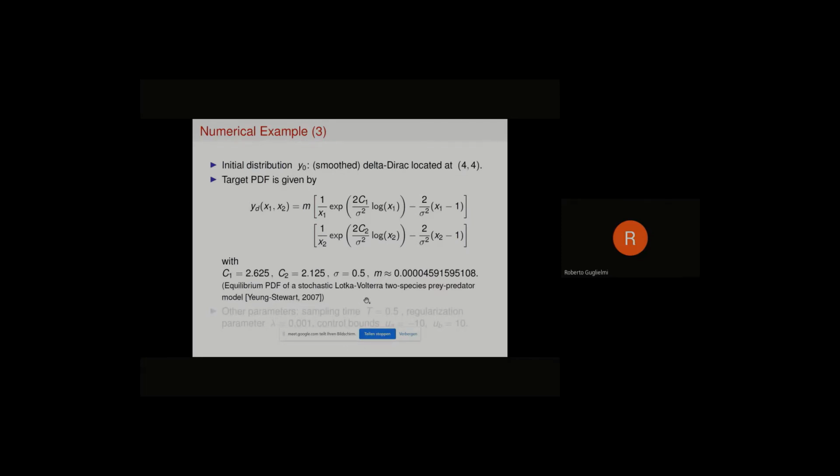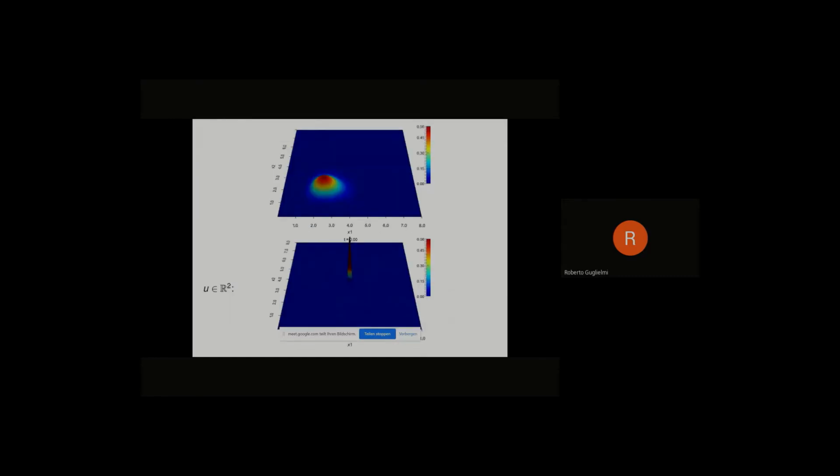But this is not very important. All these properties have some physical meaning. And of course, also before I did not mention, but we also have control bounds as well. And also here I compare, so this is the initial condition, you see, the smoothed delta Dirac. And this is the target.